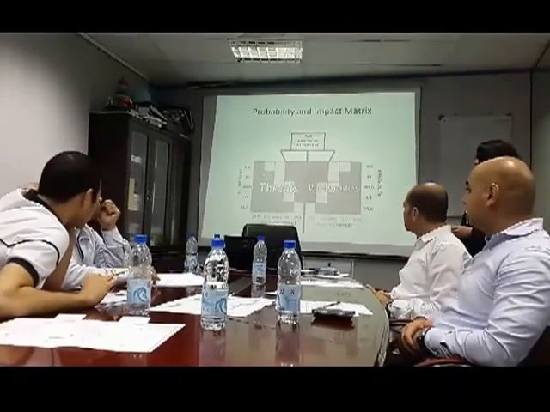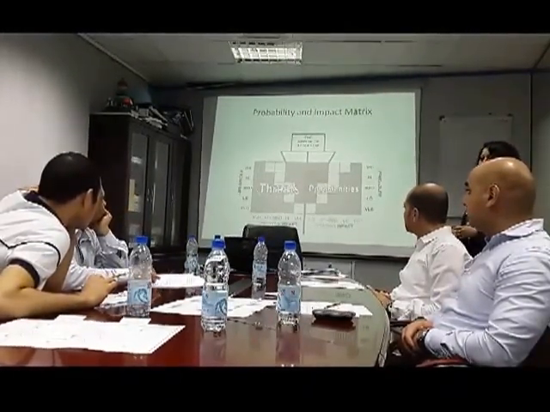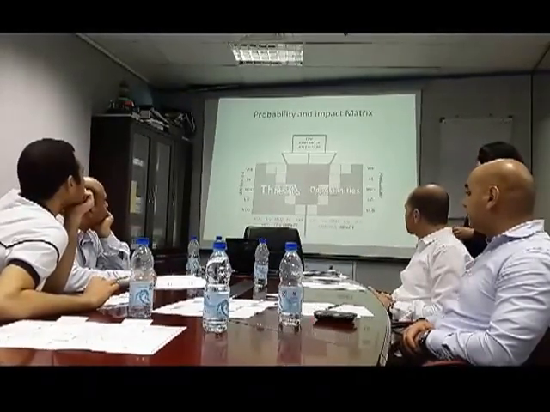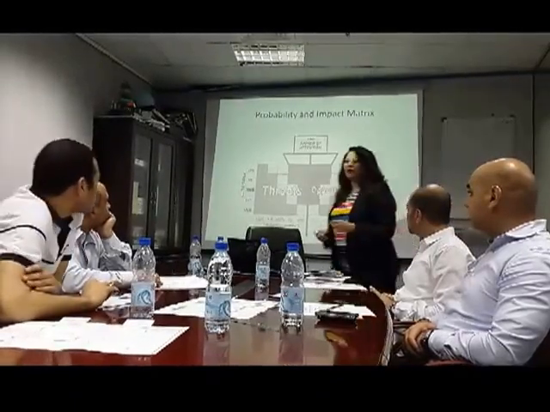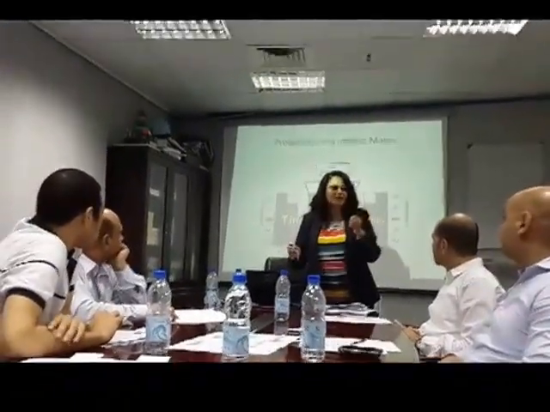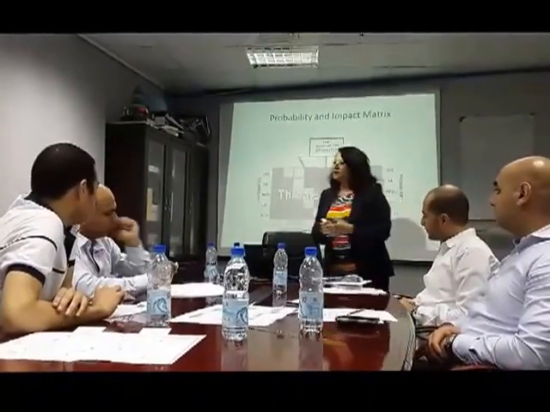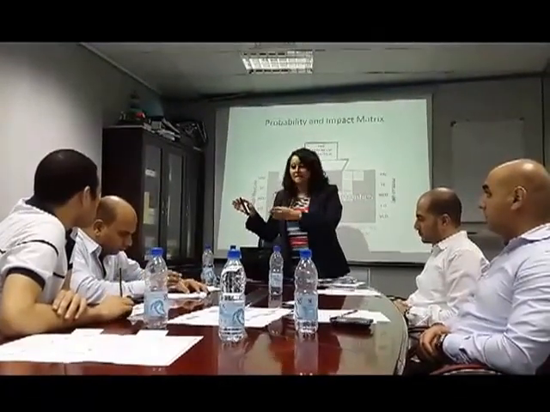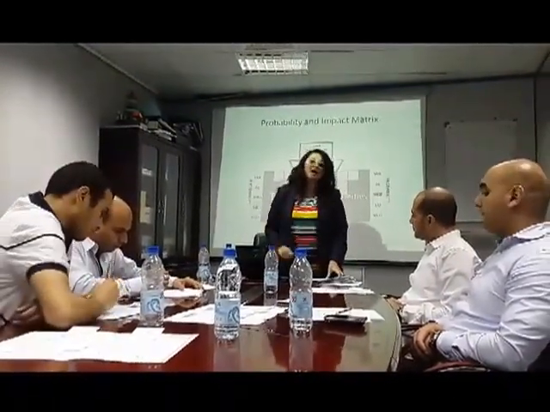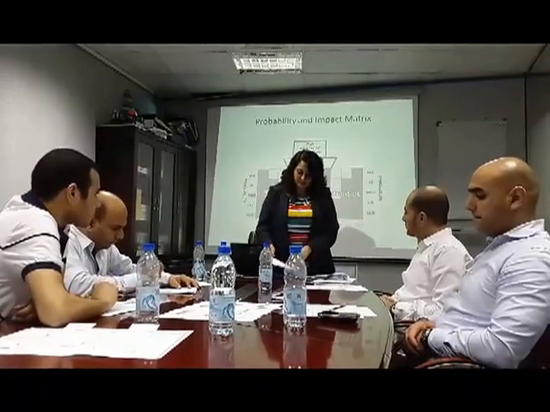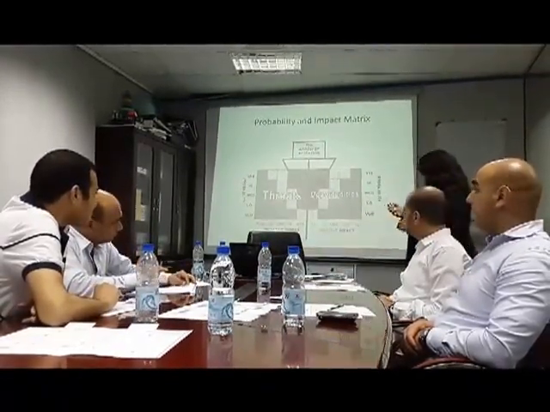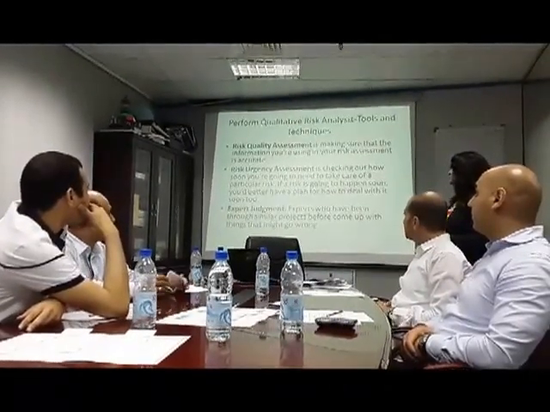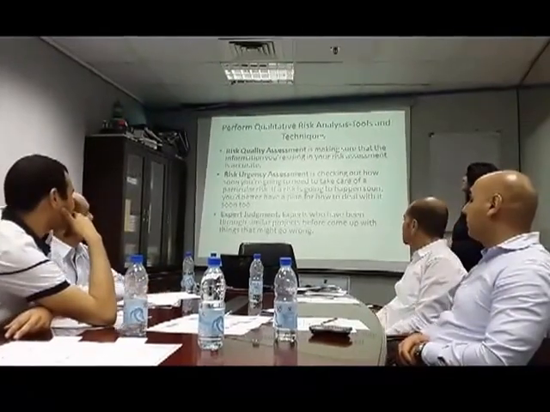The ones in lighter gray are the medium priority, and the lightest are the low priority. When we get to very low priority risks, we don't even need to put them on here. We can just put them somewhere called a watch list. We'll talk about this later on. So now you know what a probability and impact matrix is.